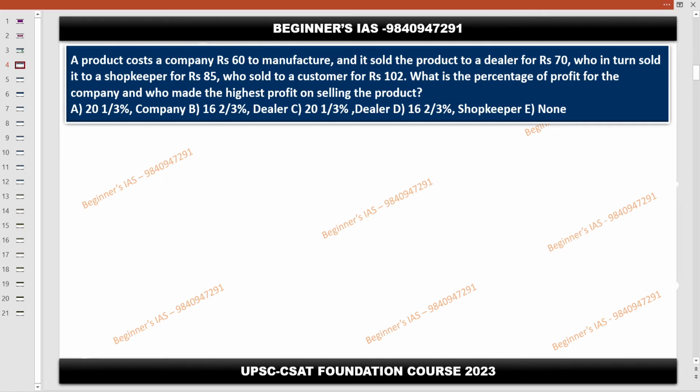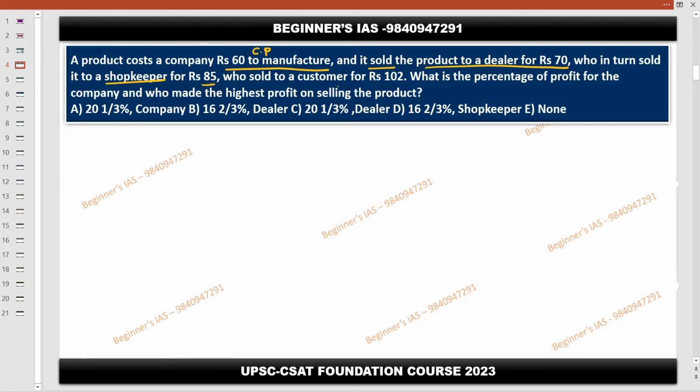A product costs a company to manufacture some amount. Product cost is nothing but whatever you are investing, that is going to be the CP. After this, the company sold the product to the dealer for rupees 70, which in turn the dealer sold to the shopkeeper for this much amount.